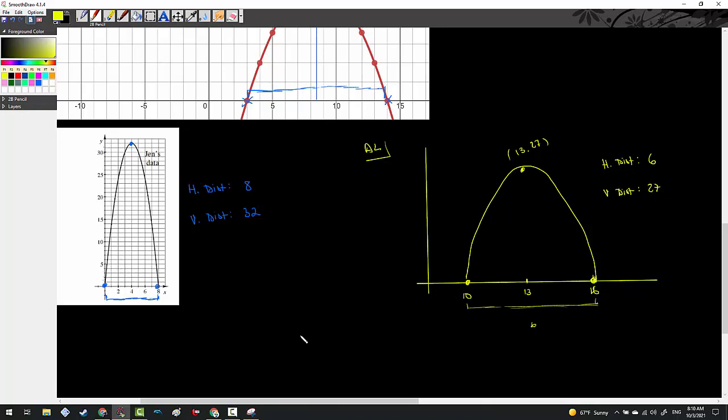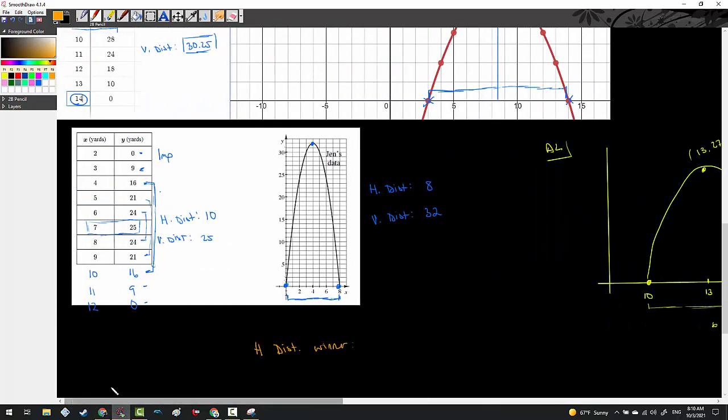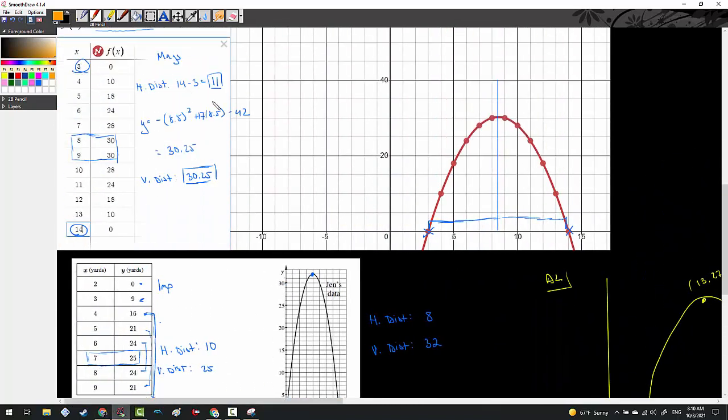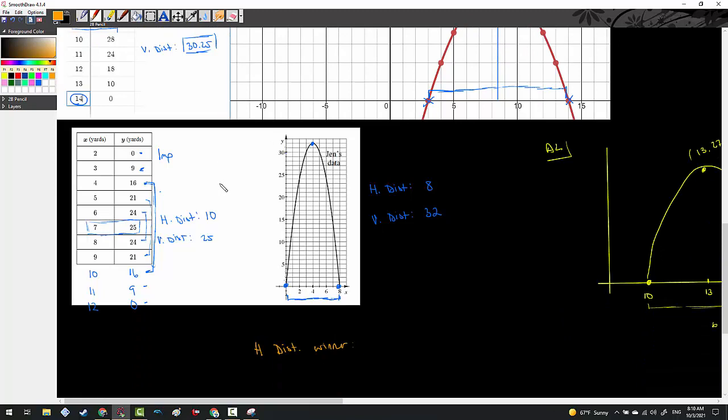So who won? So when it comes to the horizontal distances, I'll go and do this in orange. When it comes to the horizontal distance winner, I believe that is none other than our good old buddy Mags with a horizontal distance of 11. So Mags won that one.